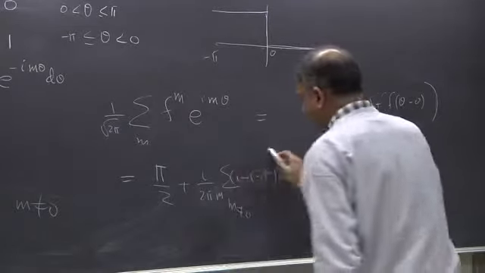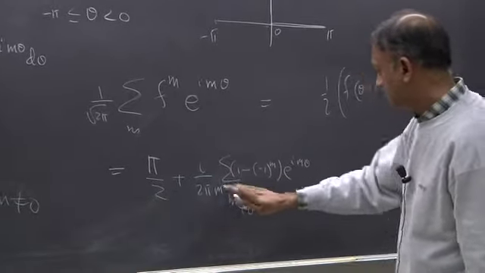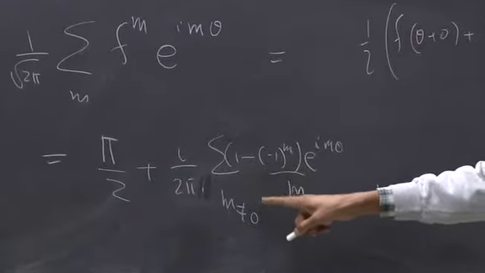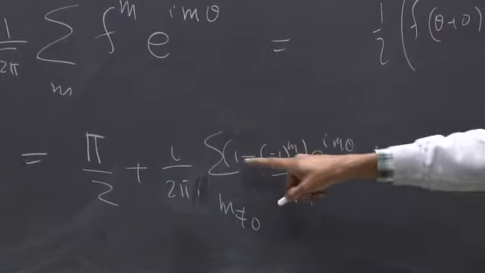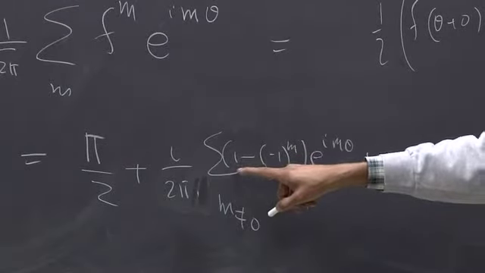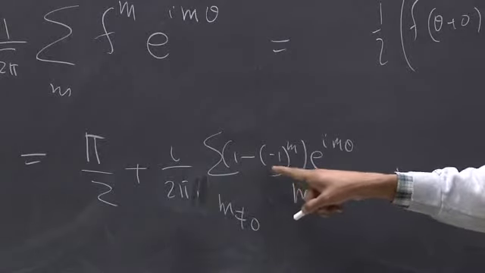You can simplify this a little bit, because, sorry, there is an m inside here. First of all, this vanishes when m is even, because then this cancels with that. So only the odd terms survive.